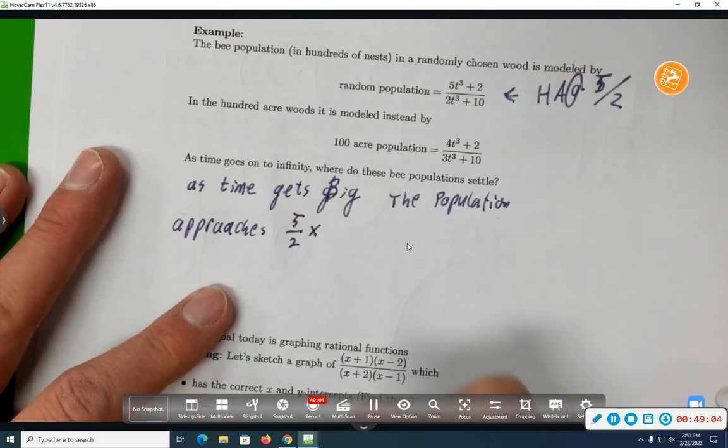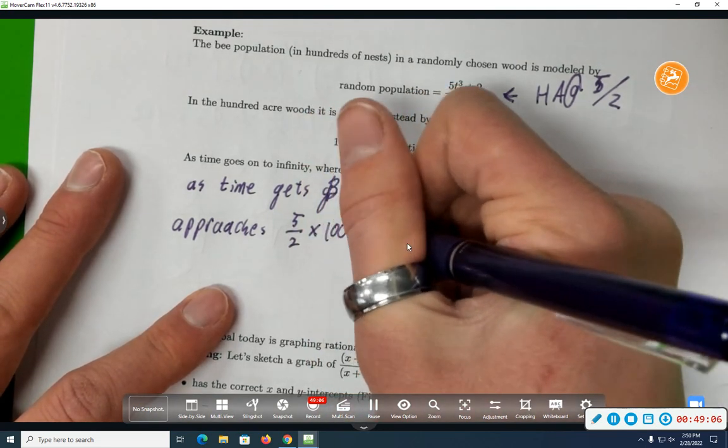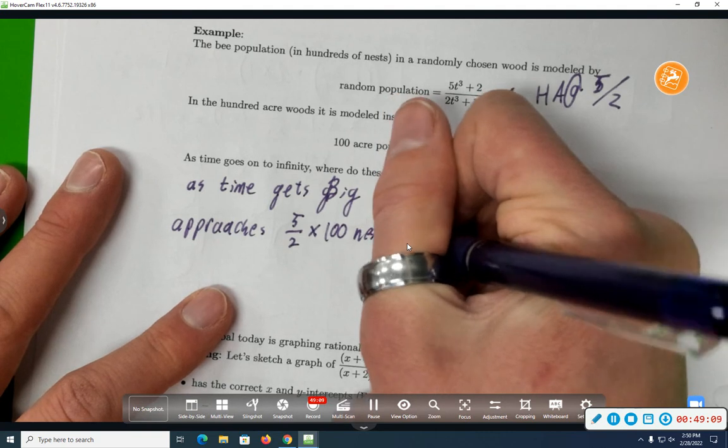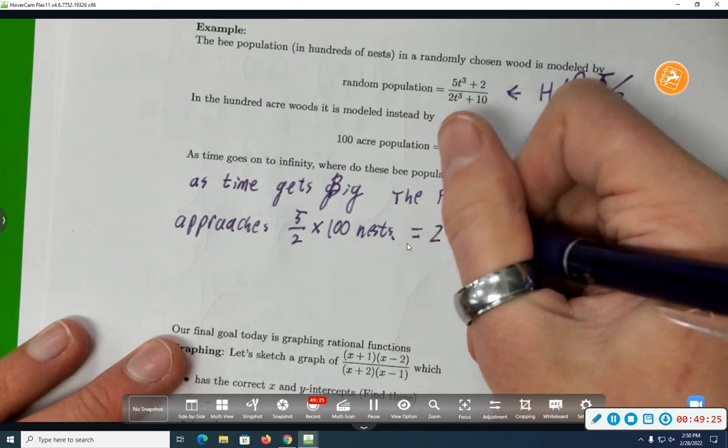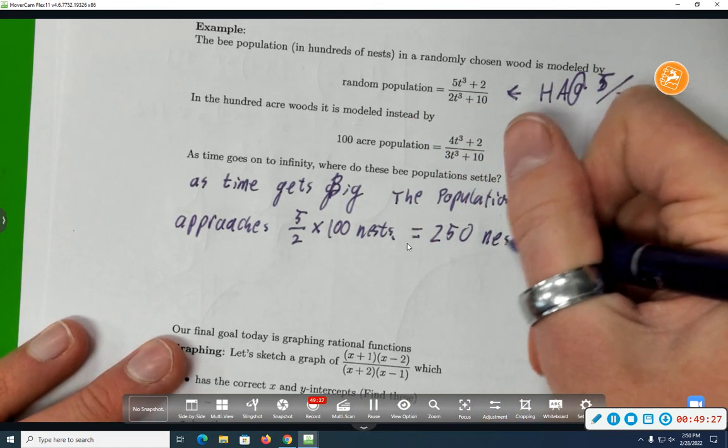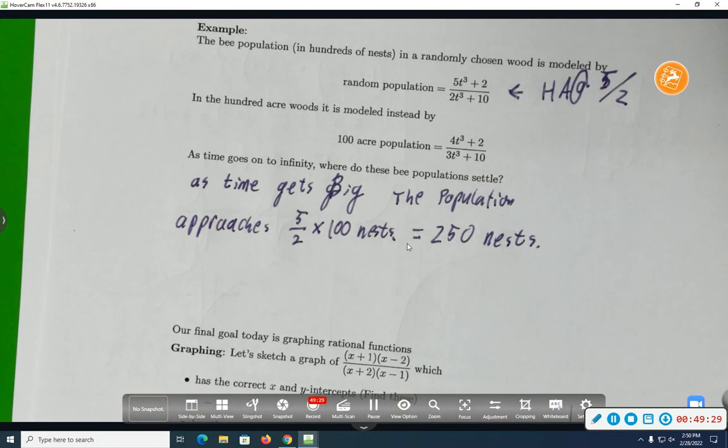Now maybe the units were hundreds of nests, so 5/2 times 100 nests. What's 5/2 times 100? 250. So we can write that in a less silly way: this population of bees will approach 250 nests in the long run.